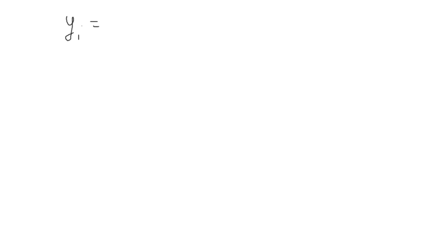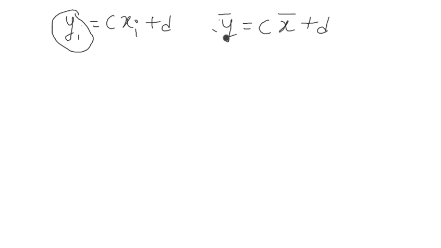Similarly, we will prove the second statement, that is, yi is equal to c xi plus d. Then I need to prove that y bar is equal to c x bar plus d. In order to prove that statement, I will try to convert this yi to y bar. So how will I convert this? Let me take summation on both sides.